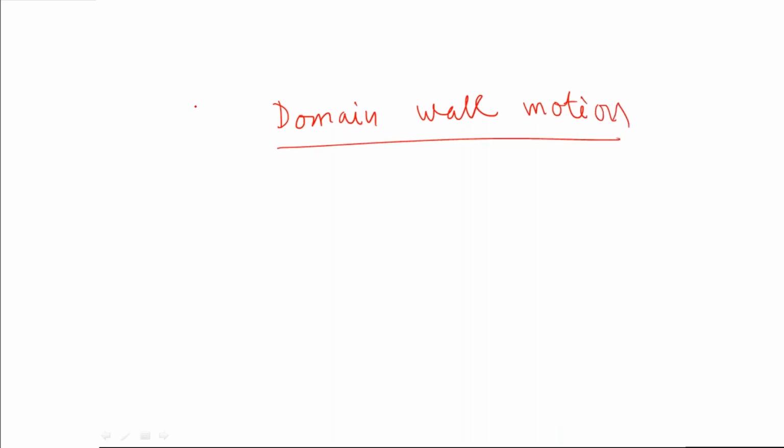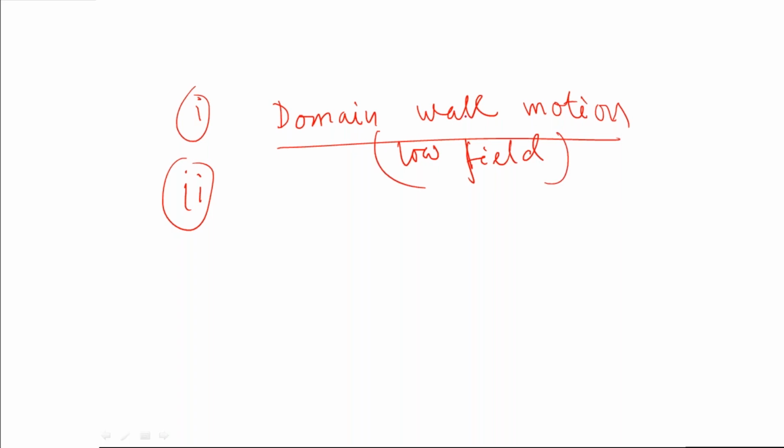So there are different phenomena. First, it will be domain wall motion. If you apply the field slowly, at low field, the domain size will increase for the domain in which the dipole moments are along the applied field.